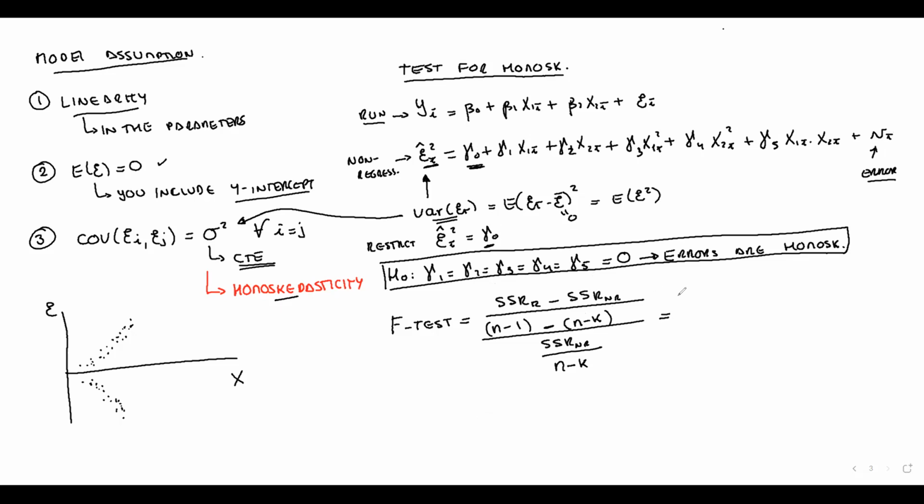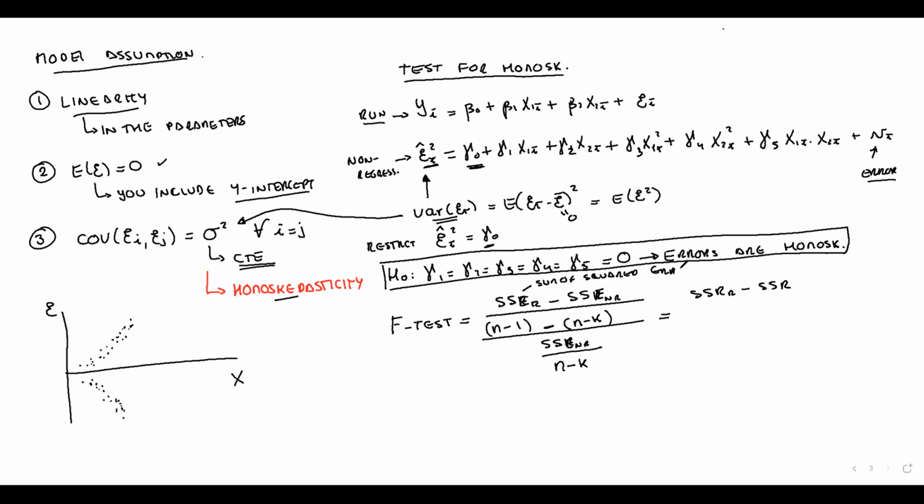So if you simplify this one here, you get that this is SSR minus SS. Wait, so we use SSR or SSE? No, I think we use SSE for the errors. Because we need to be sure that this is the sum of squared errors, okay?